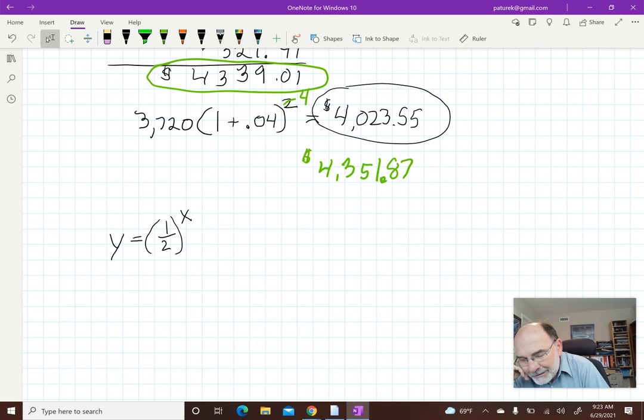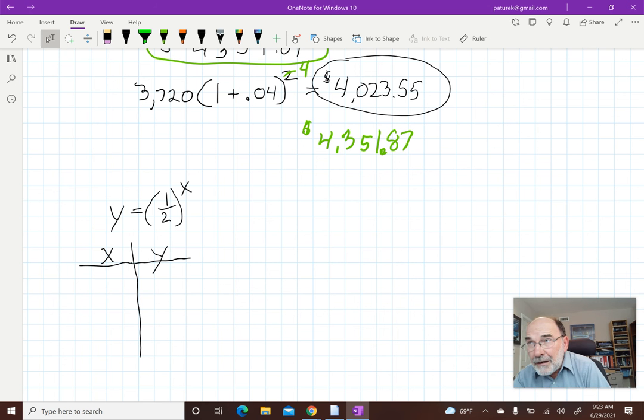Well, what you should do in a situation like that is maybe set up a table of values. And on your table of values, put in a few points so that you have a feel for what the curve is doing.